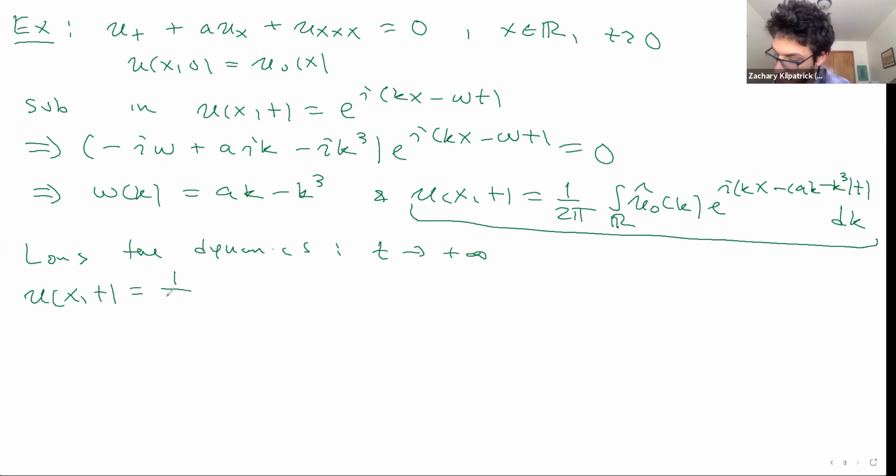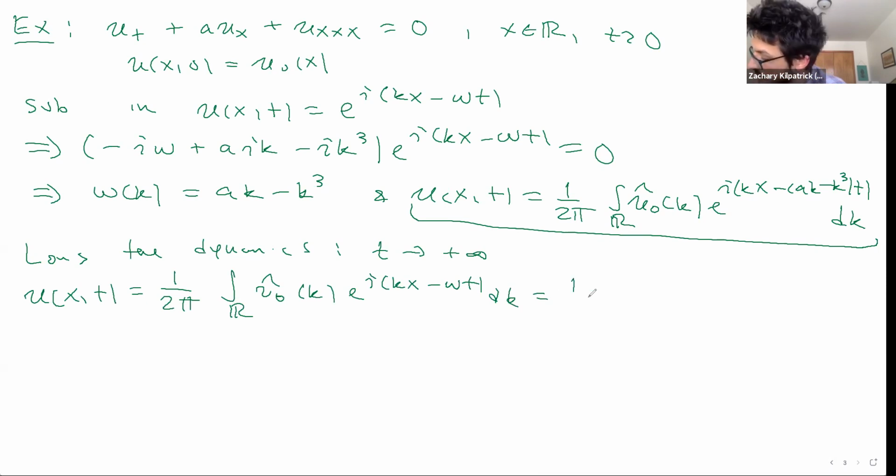So in this case, if I rewrite this, e to the i(kx minus omega t) dk, I'm going to write this as 1 over 2 pi, the integral over the real line of u hat 0 at k, e to the i t times a function which I'll call psi, which is going to depend on k.